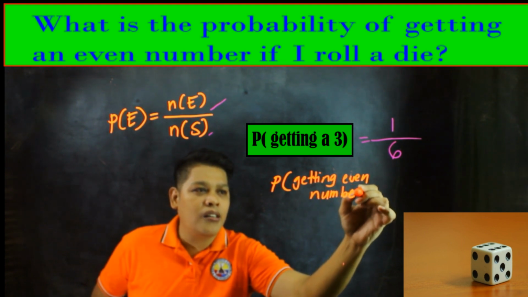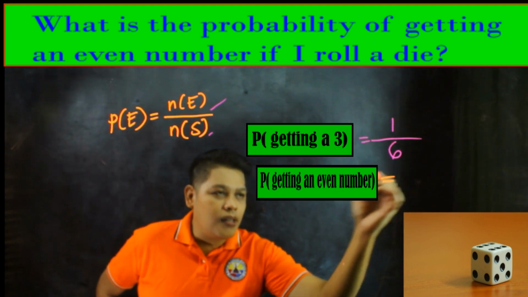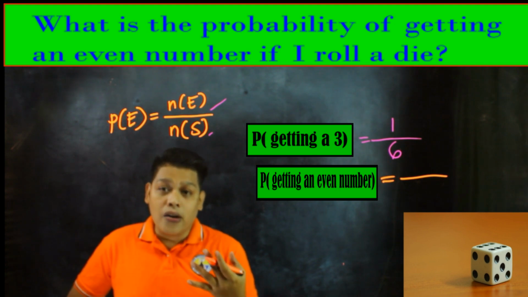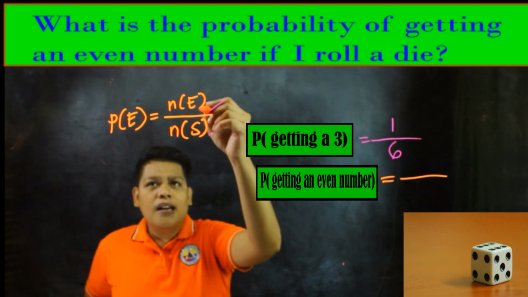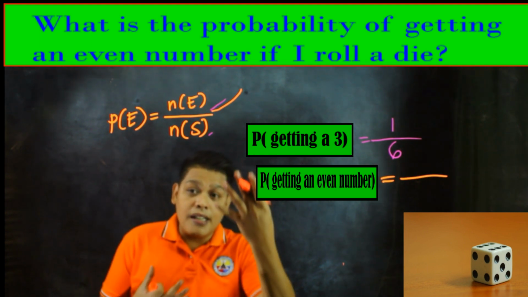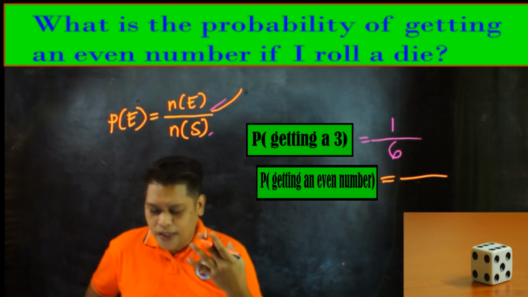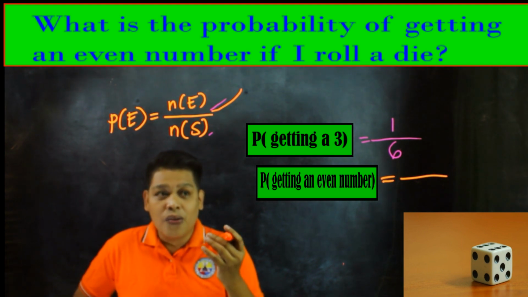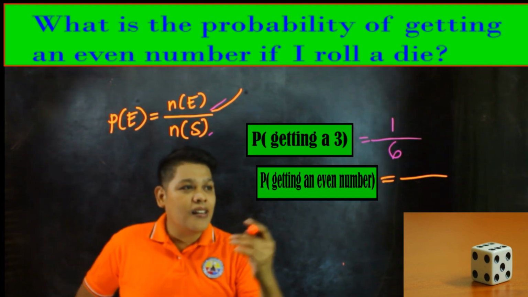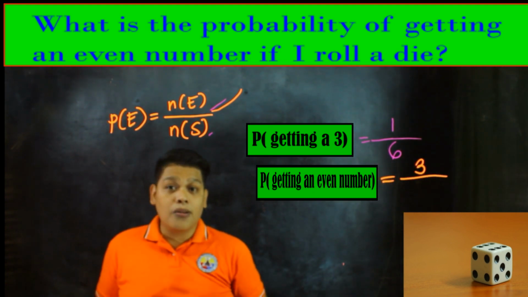It is equivalent to, what is our favorable outcomes, the number of elements in event E. So getting even numbers, we will have the even numbers in a die: 2, 4, and 6. So meaning the numerator will be 3. That is our favorable outcomes.